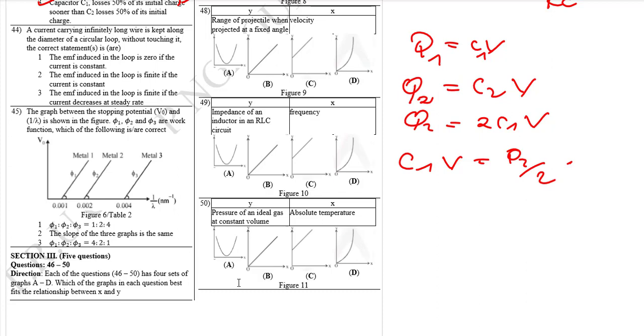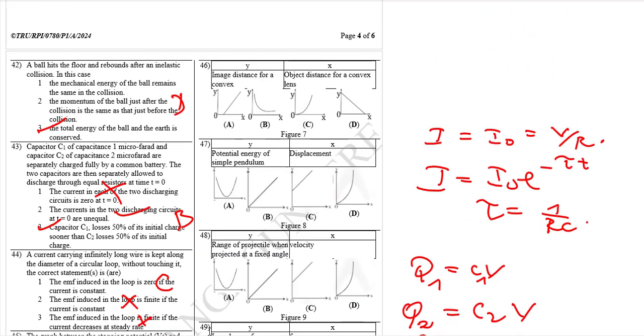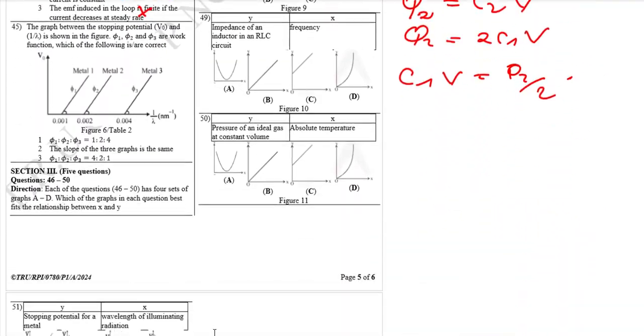The EMF induced in the loop is finite if the current decreases at a steady rate. No. If the current decreases at a steady rate, the EMF will be 0. So this is wrong. 1 only is correct. That should be option C.